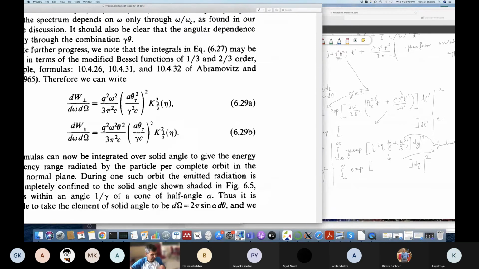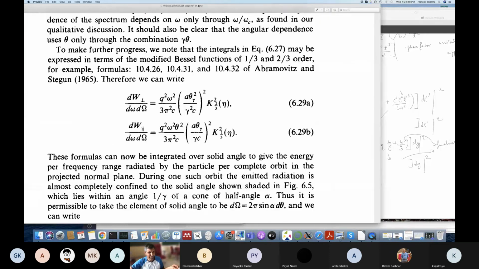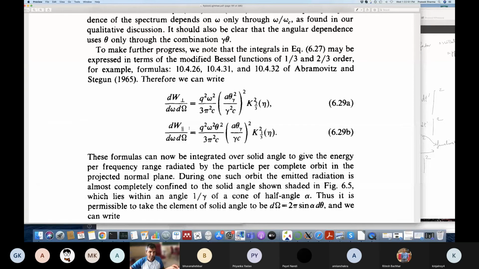These are modified Bessel functions of order 1/3 and 2/3. So these functions are known to us as a function of eta, and you can look at how the power in one polarization and the other polarization varies as a function of this angle theta.